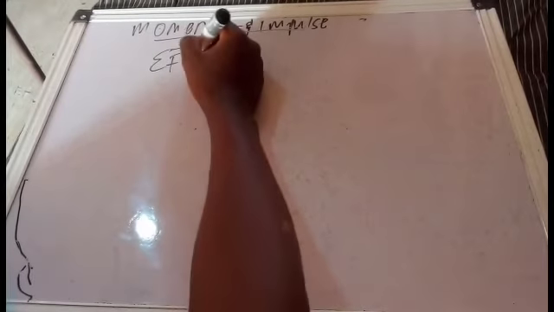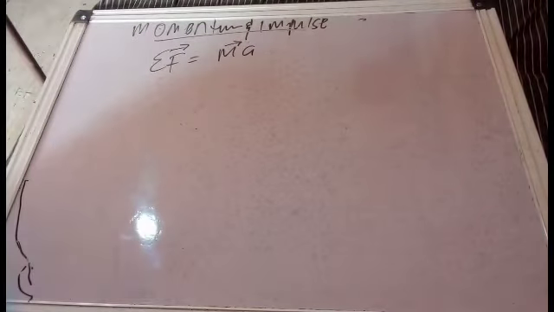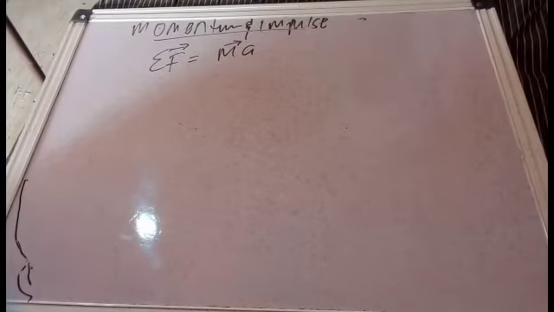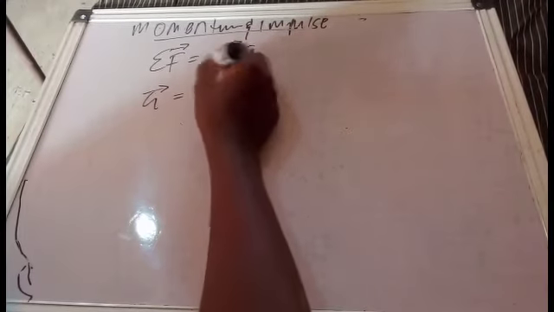Now, according to Newton's second law, we know the summation of the force is equal to mass times what? Acceleration. This is in terms of the work energy theorem. But let us look at the second law in terms of momentum. That is to say, let us consider a particle of constant mass. But we should remember that acceleration is equal to change in velocity over what?